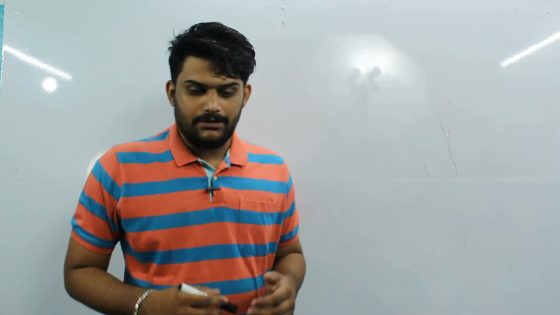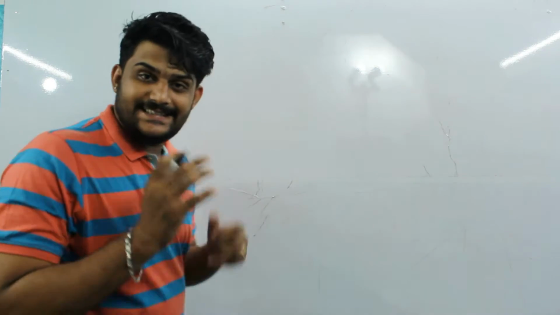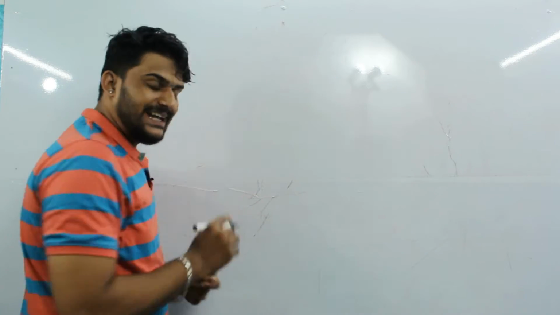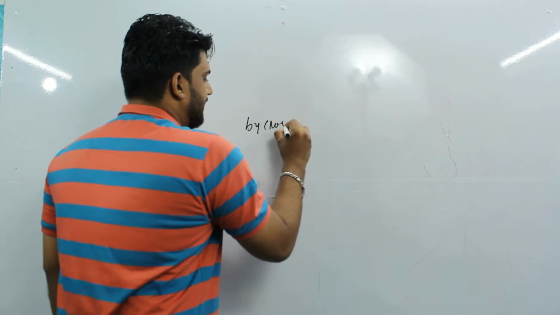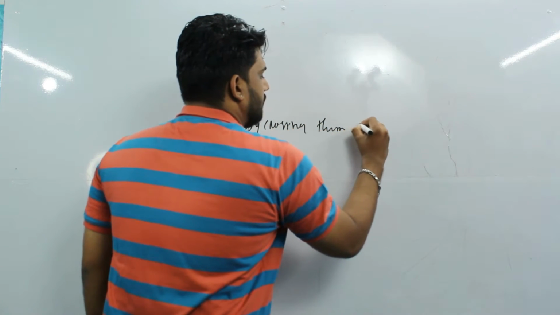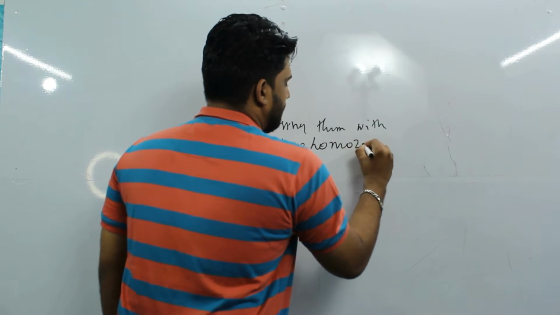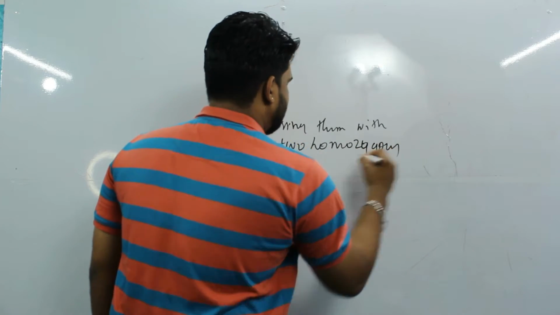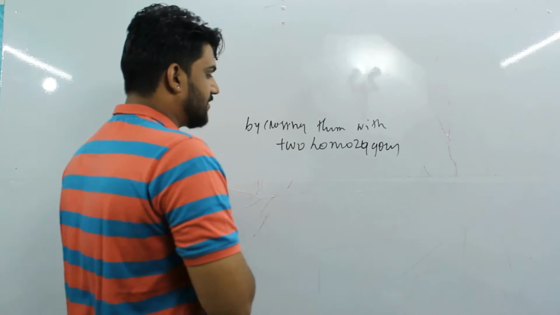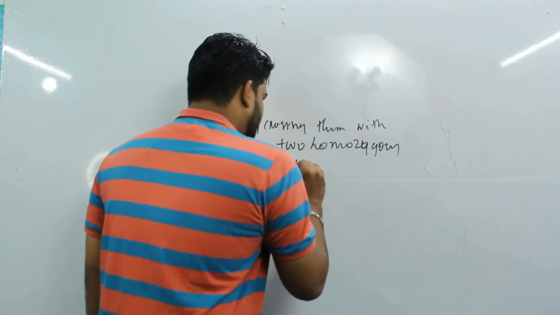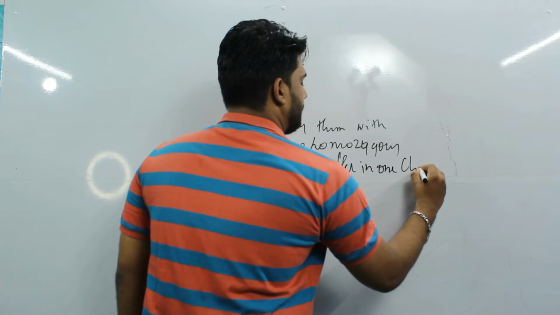First thing coming into our mind is, what is a monohybrid cross? A monohybrid cross is defined as whenever a plant or animal is obtained by crossing two homozygous individuals which differ in one character.